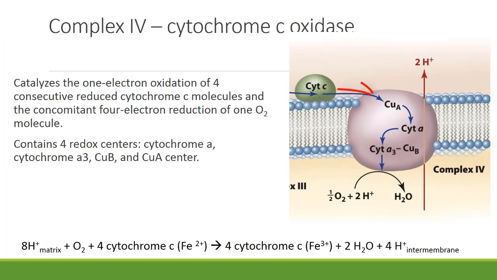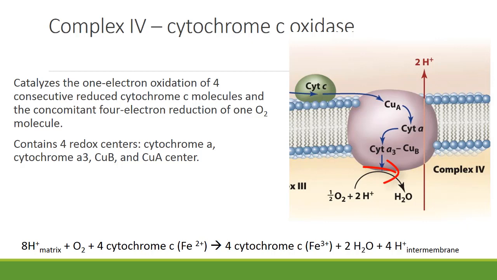Complex 4 then picks up electrons from cytochrome C 1 at a time and catalyzes the 4-electron reduction of 1 oxygen molecule for every 4 reduced cytochrome Cs. This complex contains 4 redox centers: cytochrome A, cytochrome A3, copper B, and copper A centers. Cytochrome C oxidase has 2 proton translocating channels.